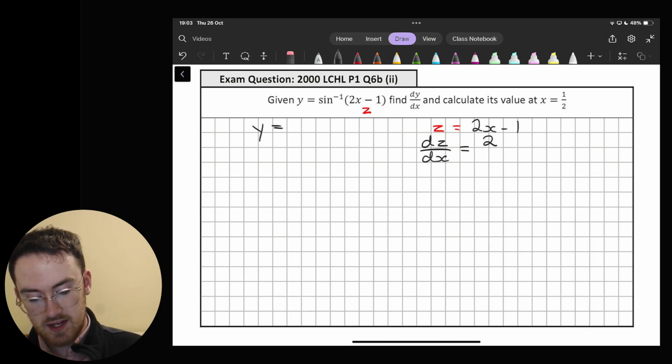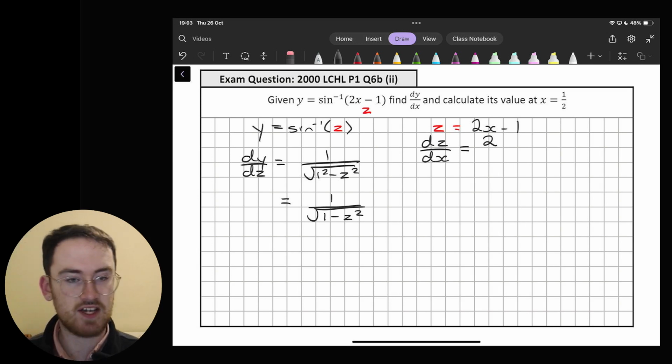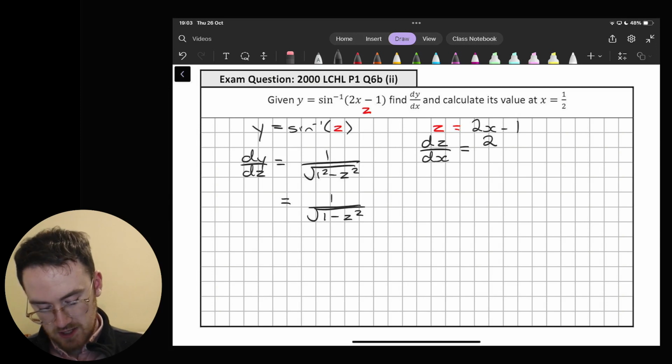Taking y then and calling it sine inverse of z, I then get that dy dz is going to be 1 over the square root of 1 squared minus z squared, which is 1 over the square root of 1 minus just z squared. Just evaluating the 1 squared really there. Didn't really save us an awful lot.